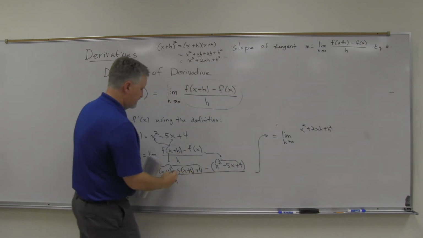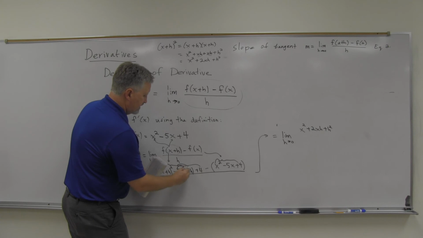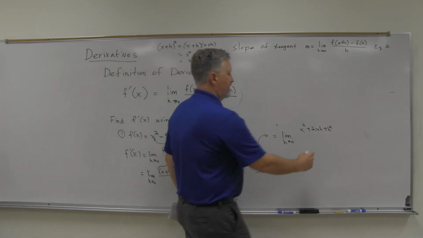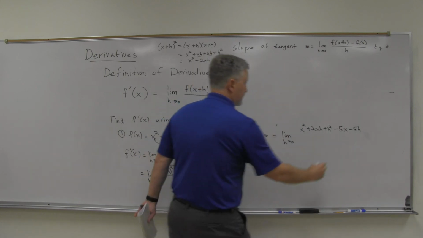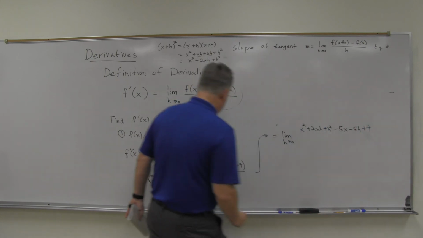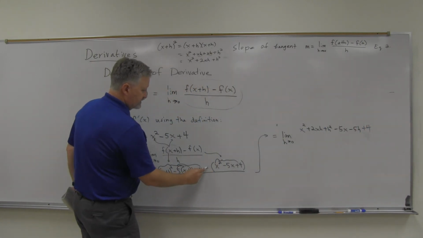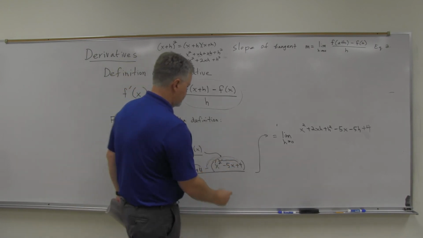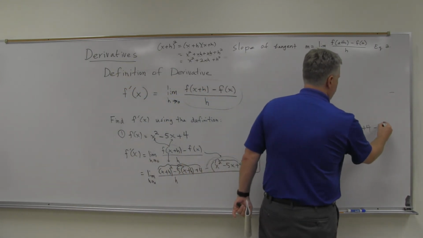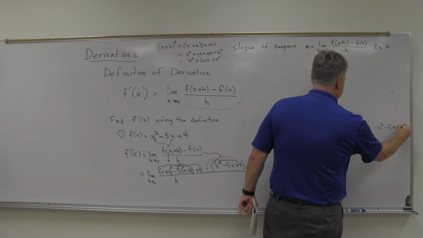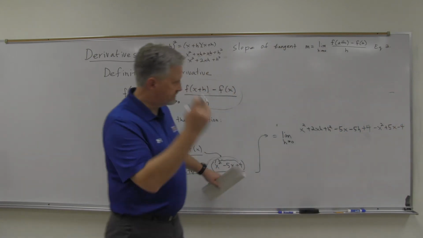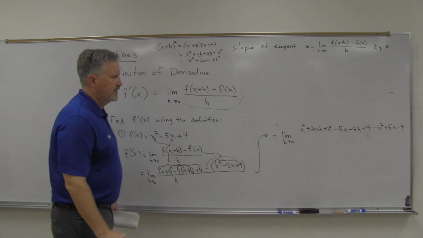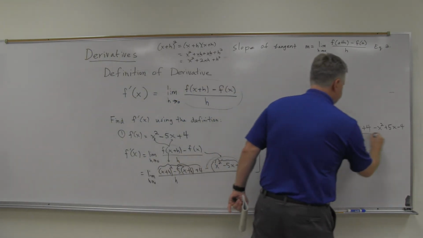All right, then for the minus, you've got to distribute the minus 5, so it'll be minus 5x minus 5h. And then don't forget that whole plus 4 there. And then, like I said, this minus here is going to change those signs. So it'll be minus x squared plus 5x minus 4, and that's all over h.